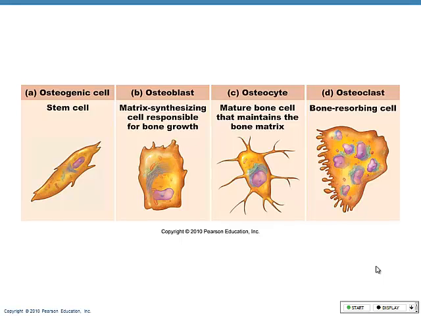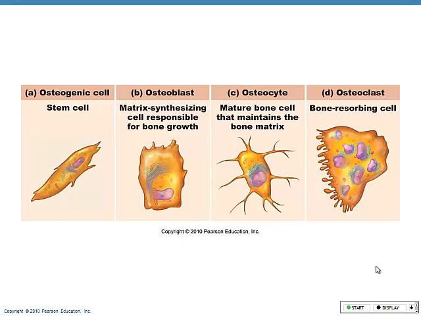The other type of cell comes from, and I don't think this is in your book, but it comes from the circulatory system. It comes from a cell called a monocyte.